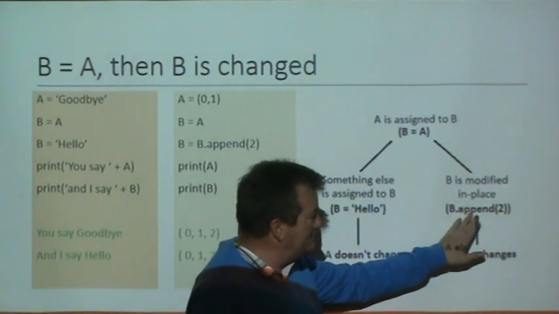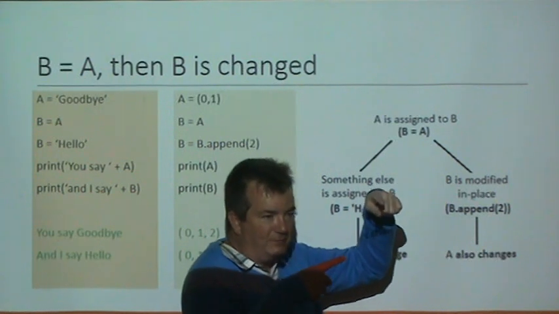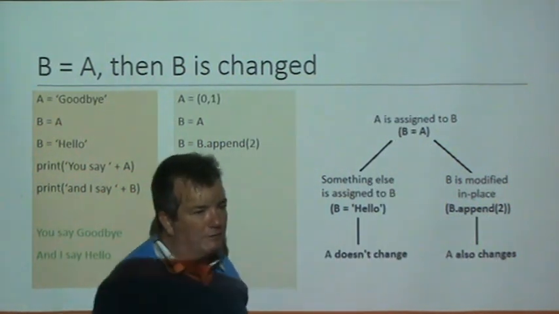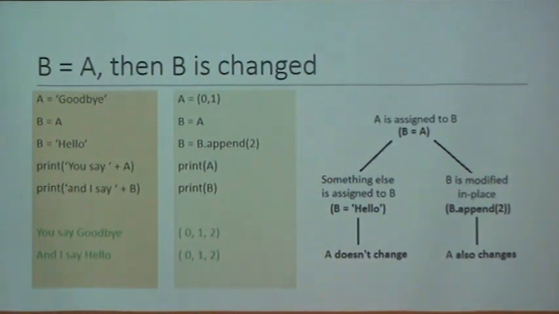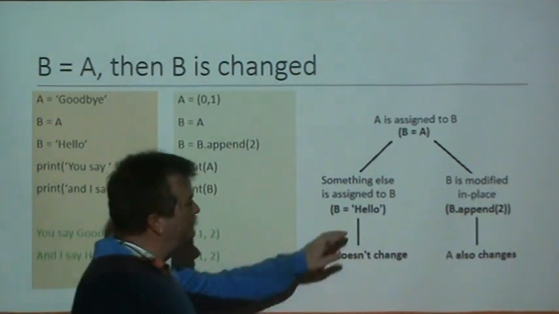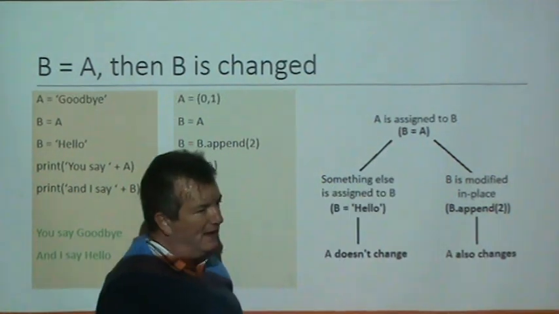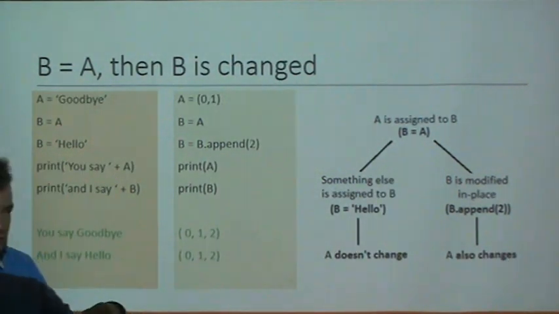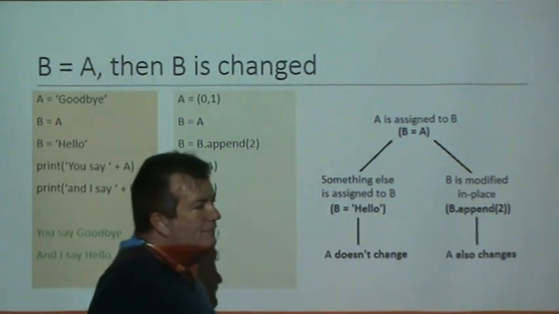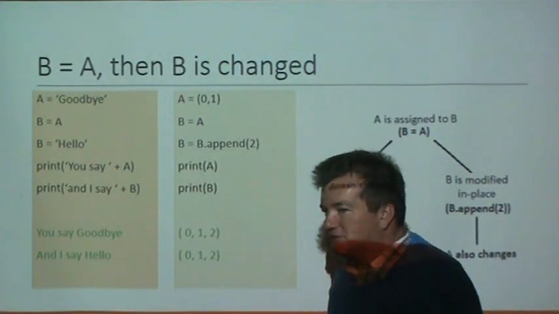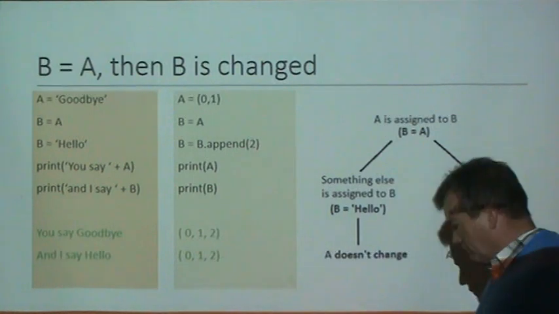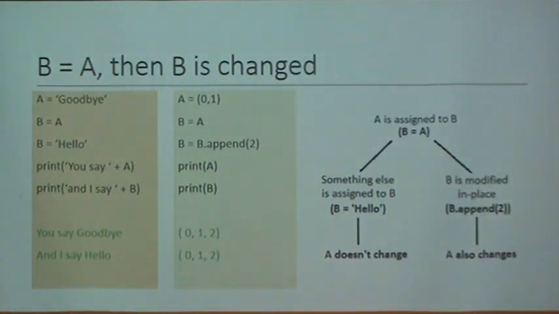In this case, A and B refer to the same thing, B got changed, therefore what A refers to also got changed. So you gotta be a little careful of that. Whenever you do this, B is assigned to A and then you use one of them to alter the object. If you alter the object by not generating a new one, just modifying the existing one, the other reference now refers to the changes you made.